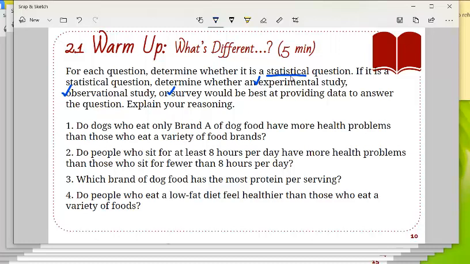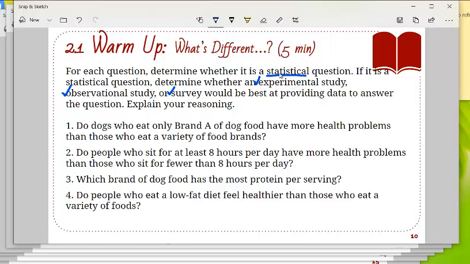For example, if I were to ask, how many teams are there in the NFL? That is a set answer. There are only a set number of teams in the NFL, and that's not changing. So it's not up to personal interpretation or opinion. There's not much statistics going on there. It's just a right and wrong answer.